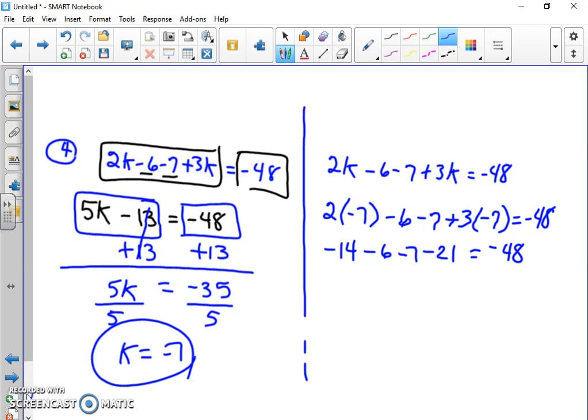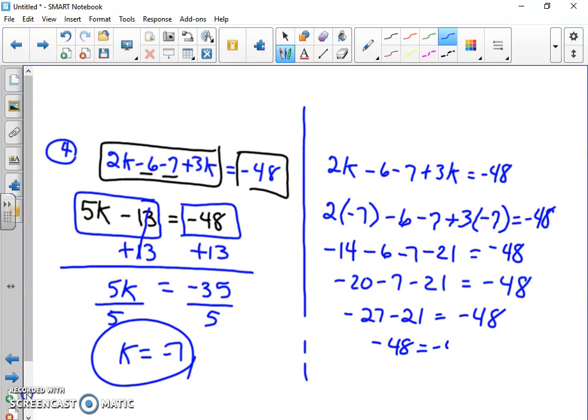So negative 14 minus 6 is negative 20. Negative 20 minus 7 is negative 27. Negative 27 minus 21 is negative 48. And that means k is equal to negative 7.